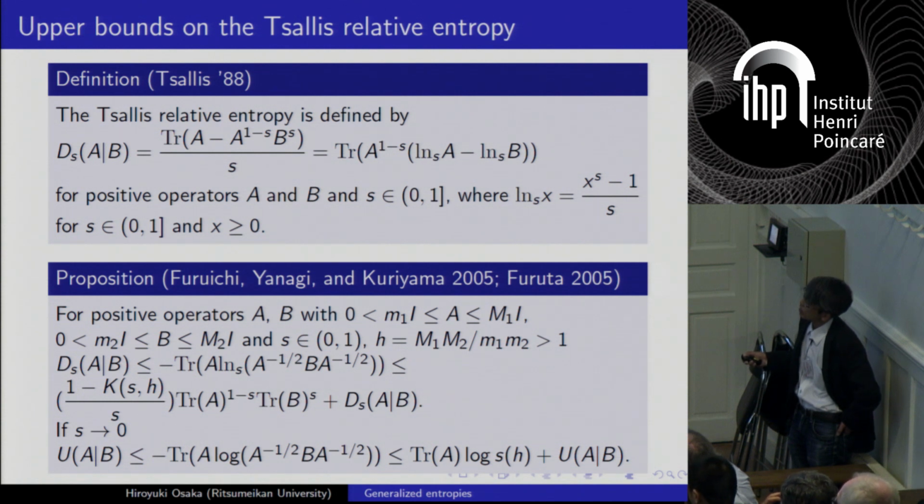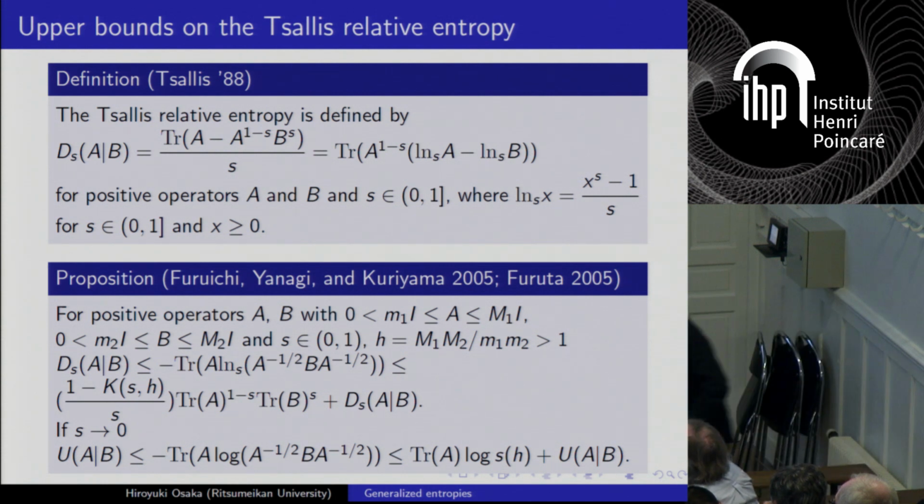Okay. So Furuta gives us such an upper bound, and this one is a generalized one. He called it a generalized Kantorovich constant. So maybe someone is interested.